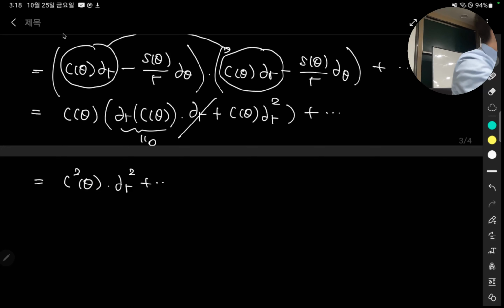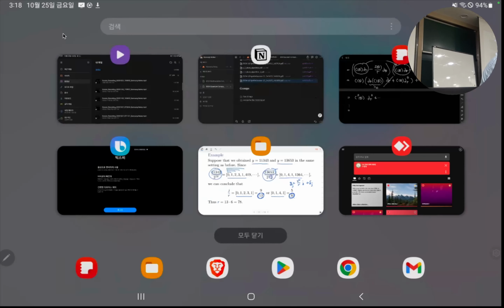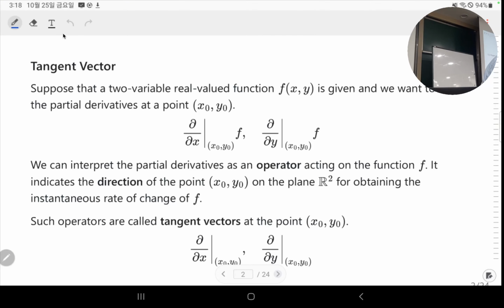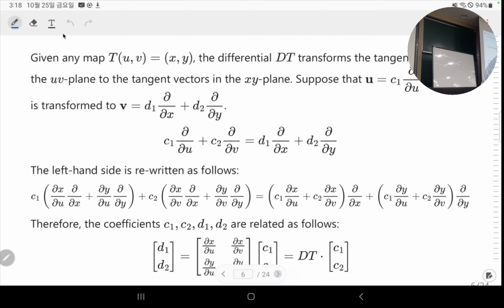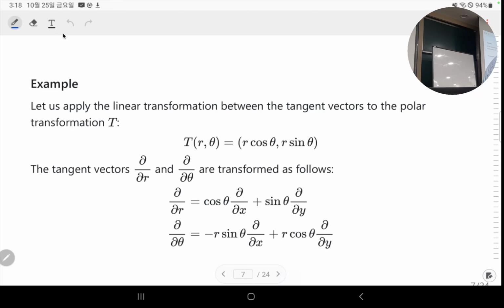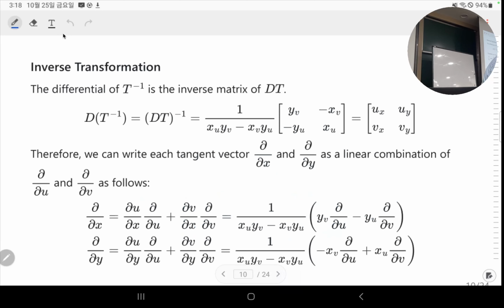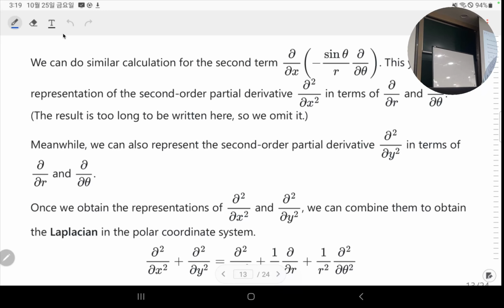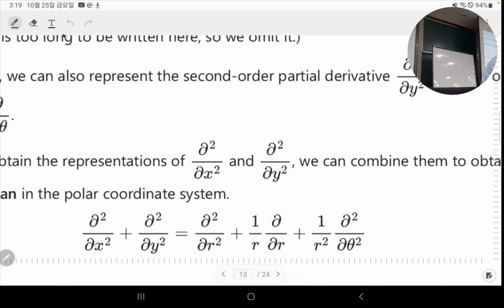So you can do this to get all the partial derivatives or operators. And what you end up getting here is, let me go to our slide because it's getting long. I think I have one in here, right here, yes.